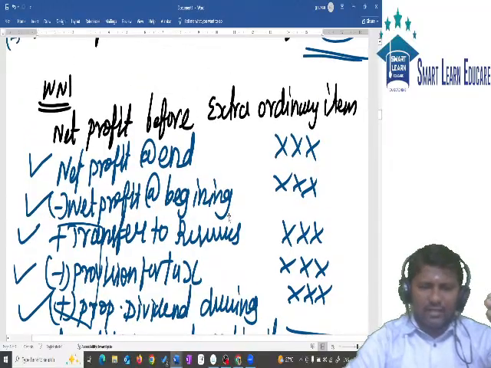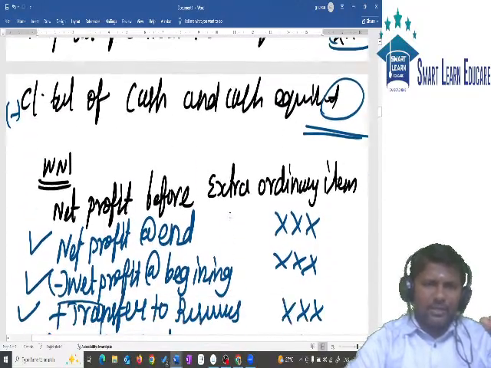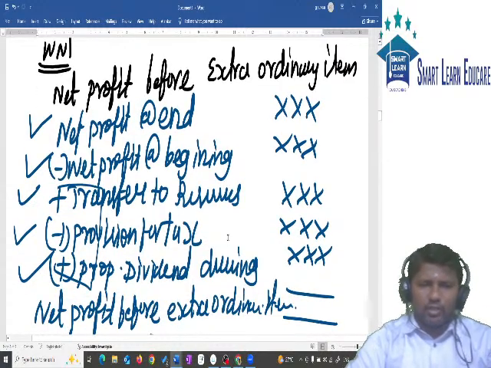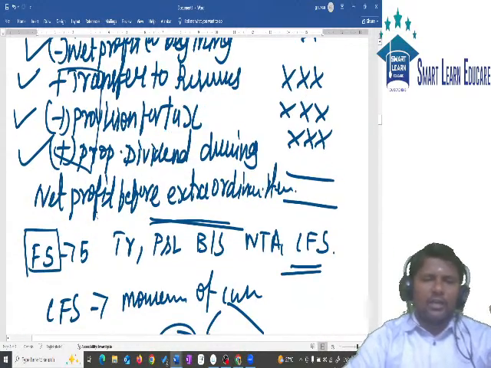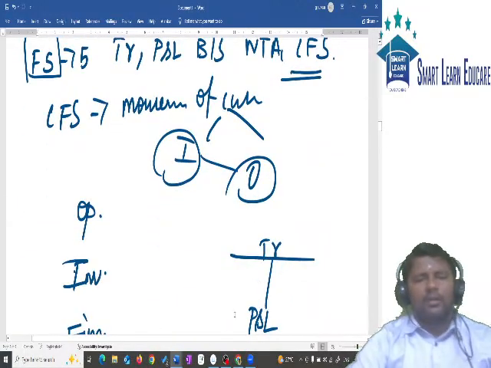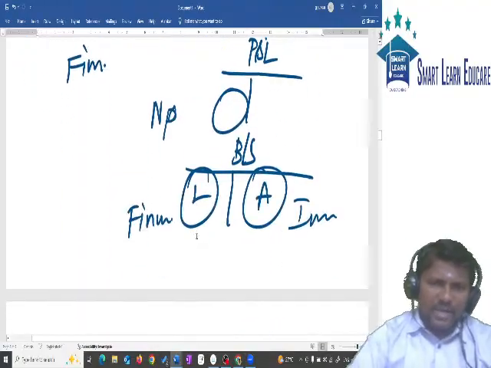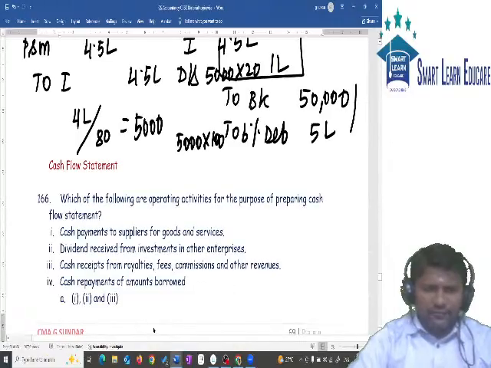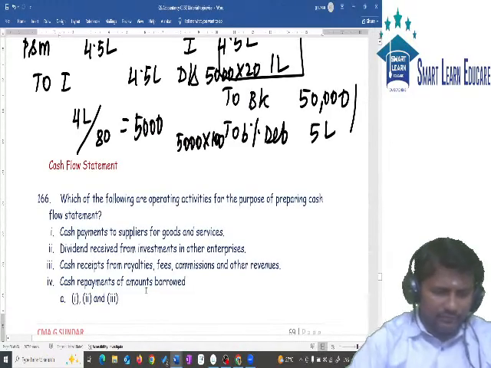And every appropriation done should be added. Reserves, provision for tax, proposed dividend should be added back. Okay, and you will be getting net profit before extraordinary items. So in this background, first we will have some questions on this cash flow, then we will proceed further.